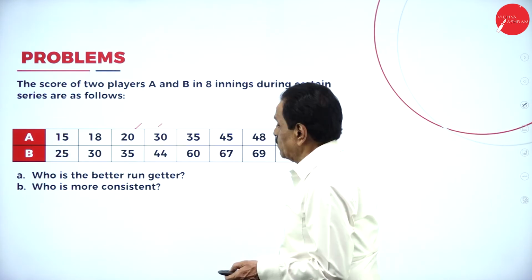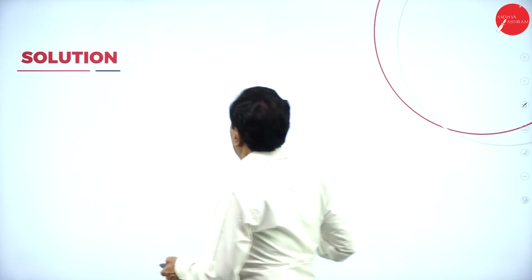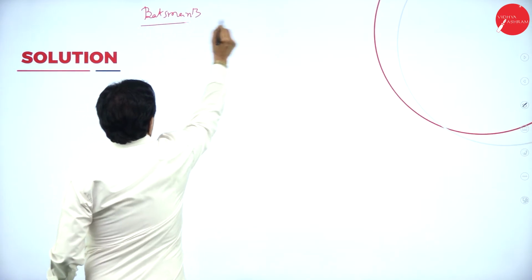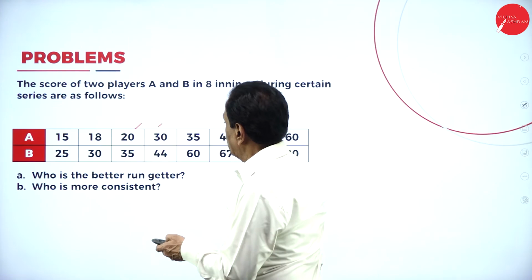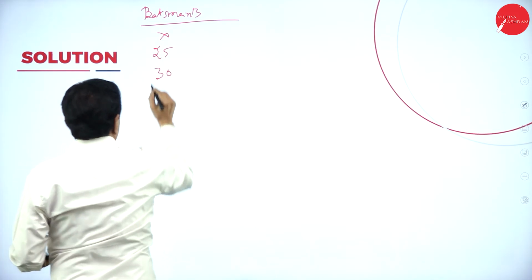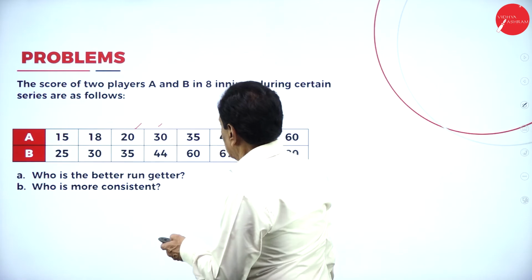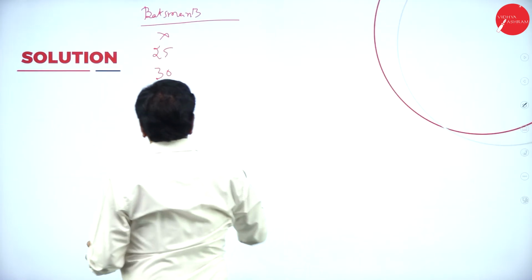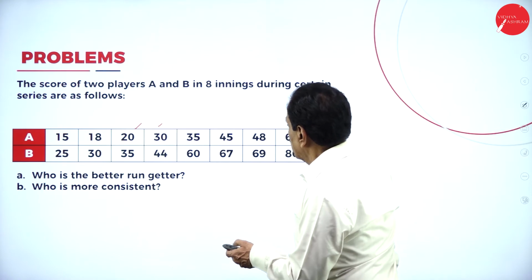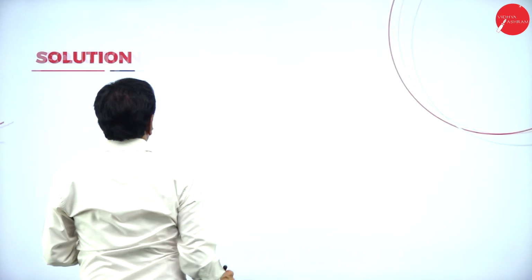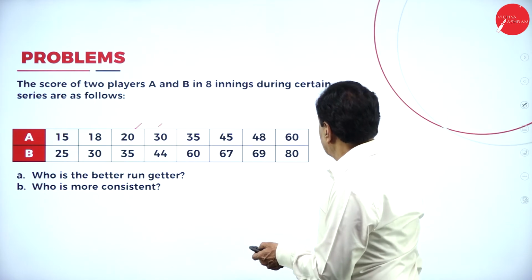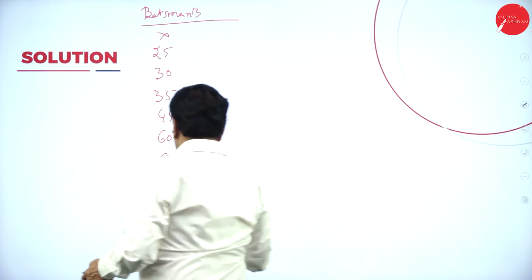We'll go to batsman B. X: what are the values? 25, 30, then 35, 44, then 60, 67, last one 69, 80.